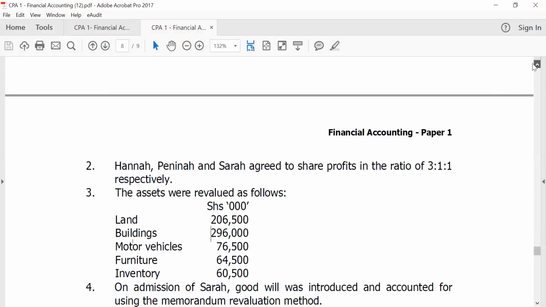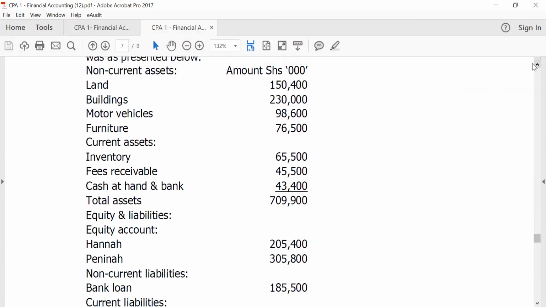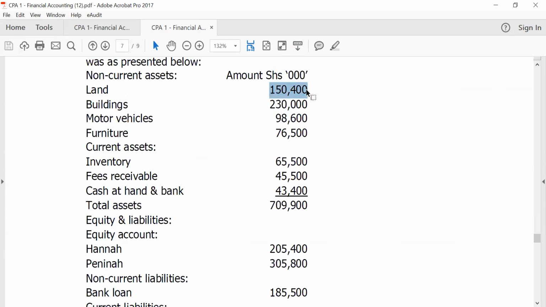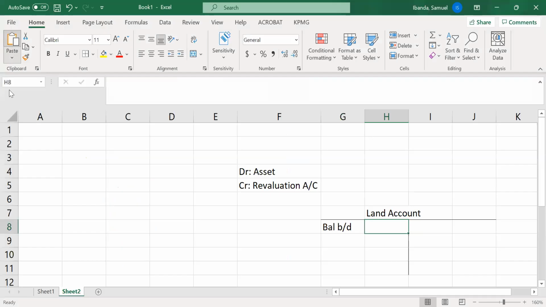So land has a value of 150,400. So right there, okay? And it's being revalued to a higher figure. So for the revaluation amount, we are debiting the asset and crediting the revaluation account.